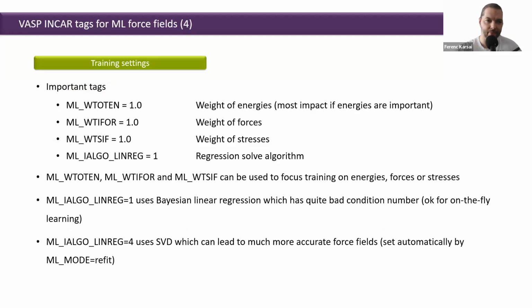As I showed you in the example, with 500 training structures, 100 atoms each, we have 150,000 lines for the forces and 500 lines only for the energies. And more lines mean that they are weighted automatically more strongly.